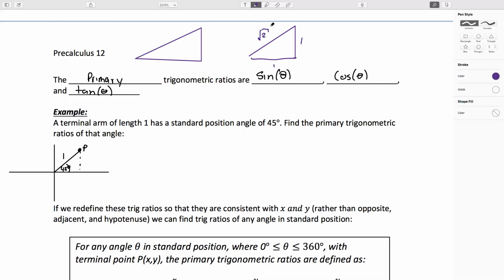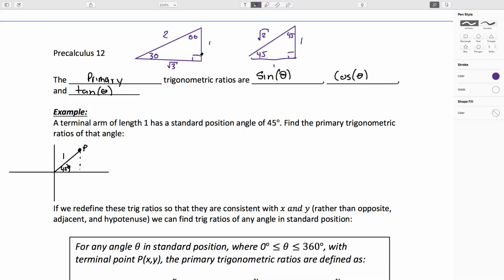This happens to have angles of 45, 45, and 90. We also have what's called the 1, 2, root 3 triangle. I think it comes up later in the note, but we can do it right now. 1, 2, root 3, and this has angles of 30, 60, and 90.